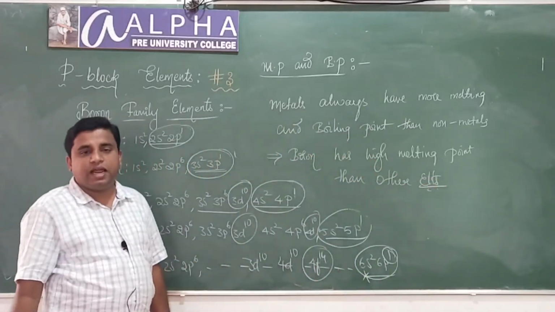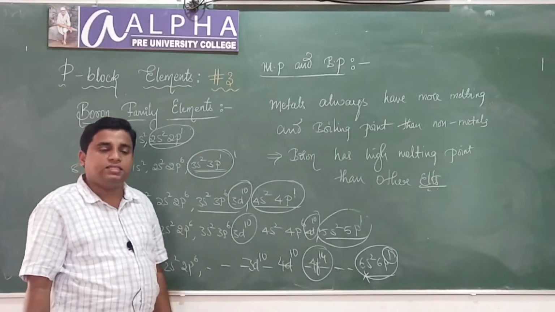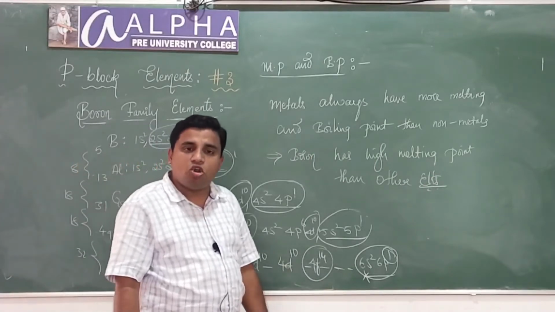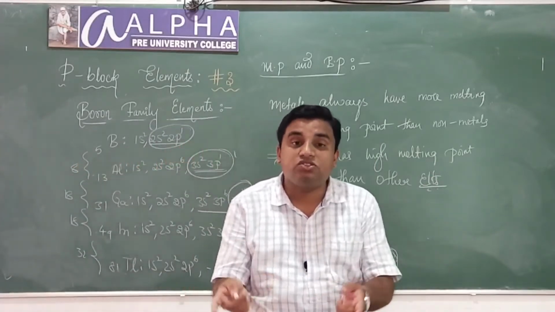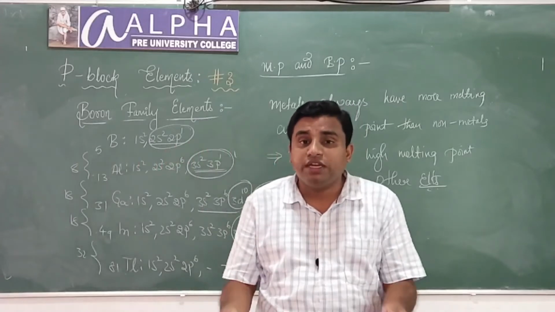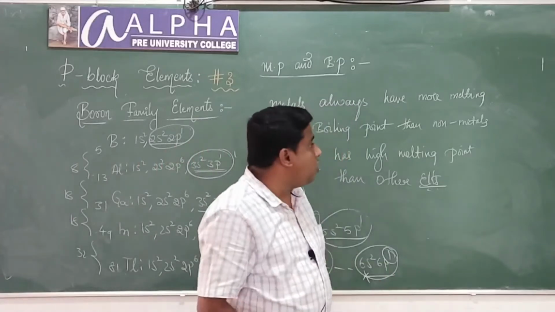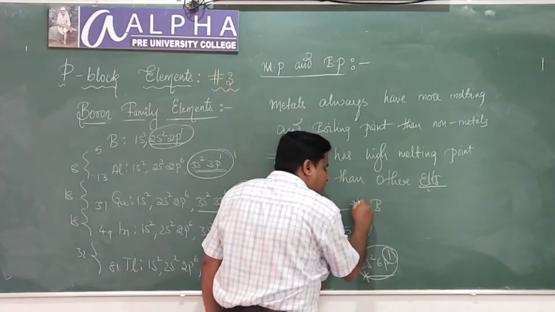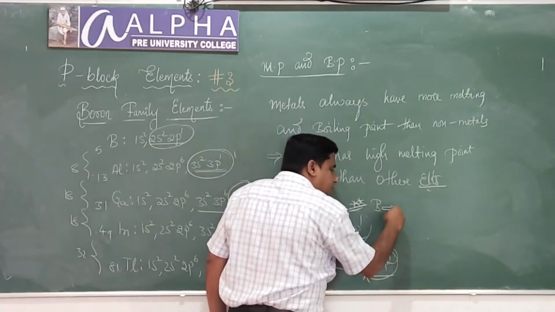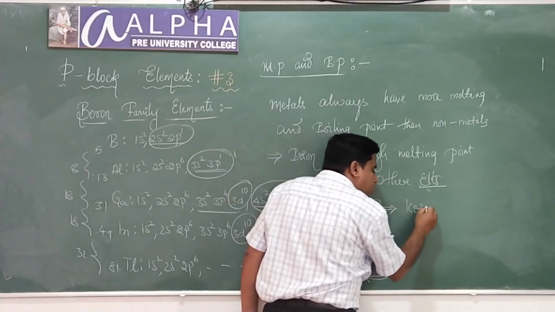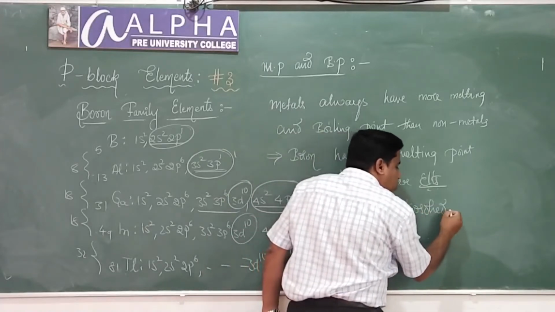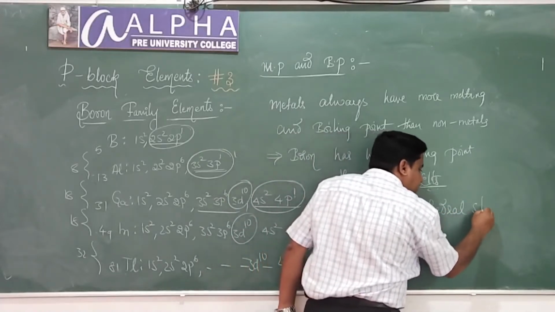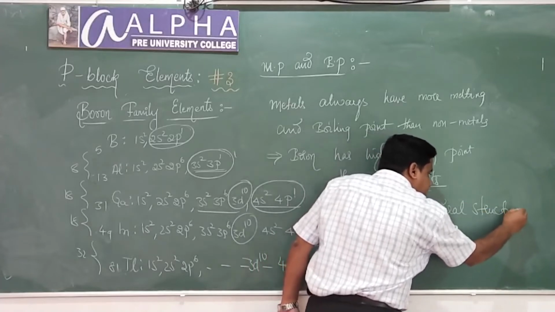Now my question arises here: why does boron have a high melting point even though it's a non-metal? It is because of the structure of boron. Look here, very important: boron has an icosahedral structure.